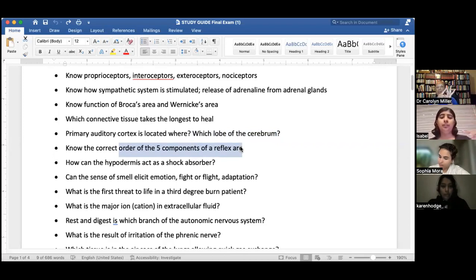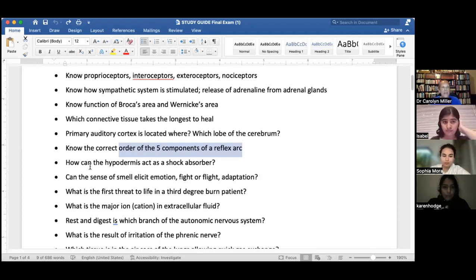Then we have the interpretation within the brain. Then we have an efferent or motor response, and then the effect of what that efferent response was occurs. So you have a receptor, sensory input, integration, motor output, and then the effect.